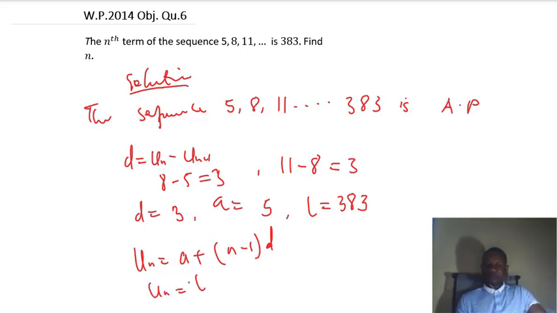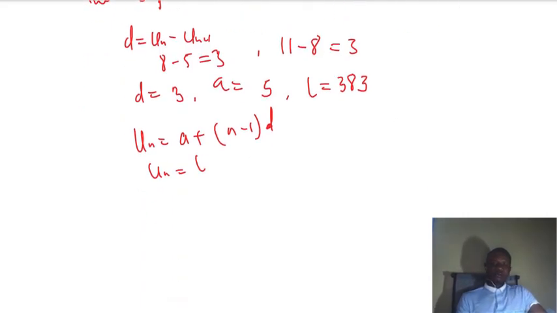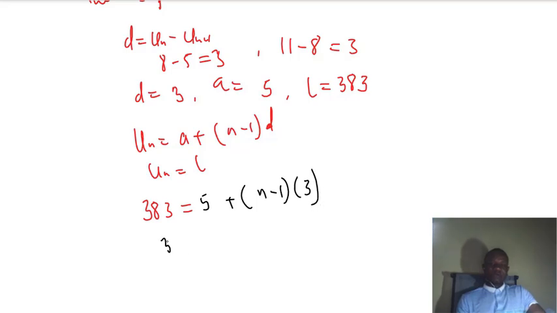When you know the last term, we can use that to solve for it. So we have 383 equal to 5 plus bracket of n minus 1, times 3. So we have 383 equal 5 plus 3n minus 3.